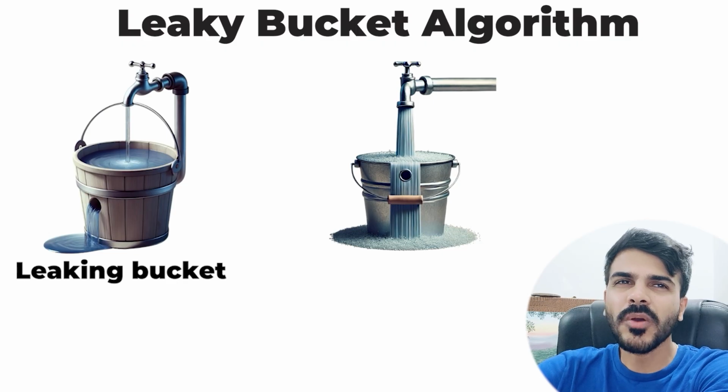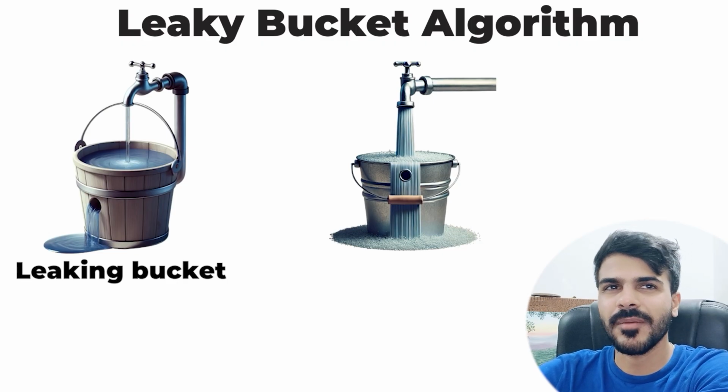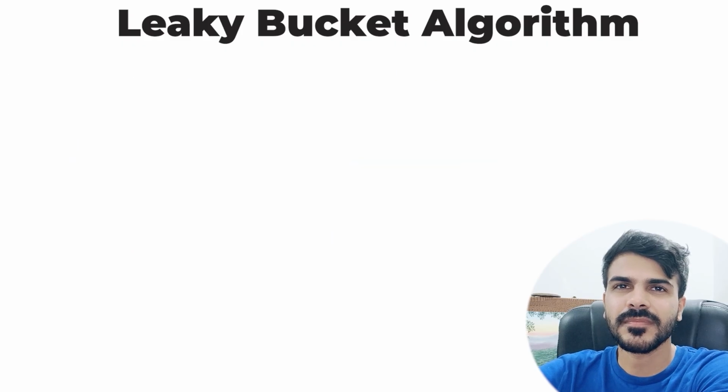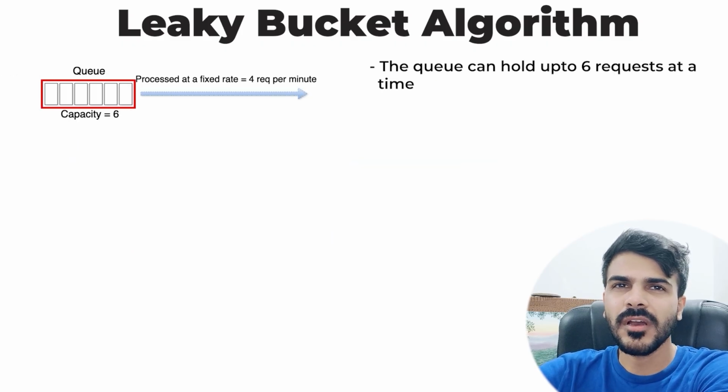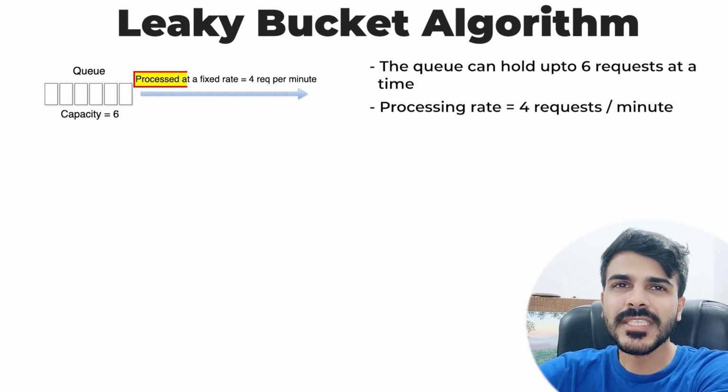Now let's walk through one scenario and try to understand this with the help of a diagram and example. Let's say you have a queue. The queue can hold up to 6 requests at a time. So effectively, the queue has a capacity of 6. Also, the processing rate of this queue is 4 requests per minute.